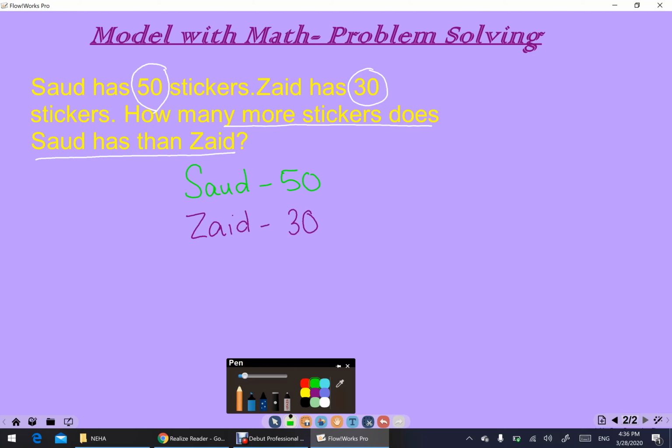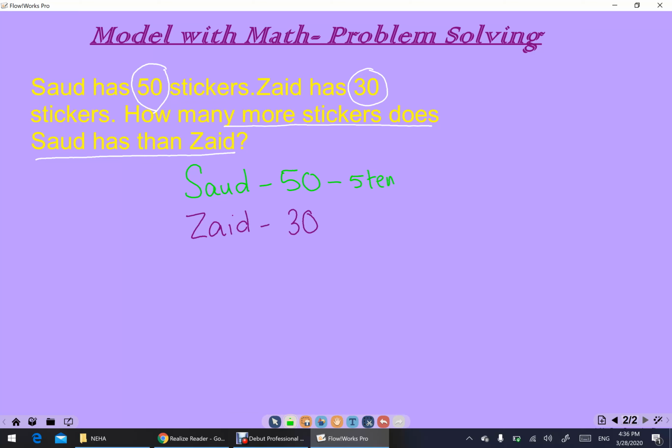Now 50, I know, is nothing but 5 tens, right? So 5 tens, I can draw 10, 20, 30, 40, and 50.